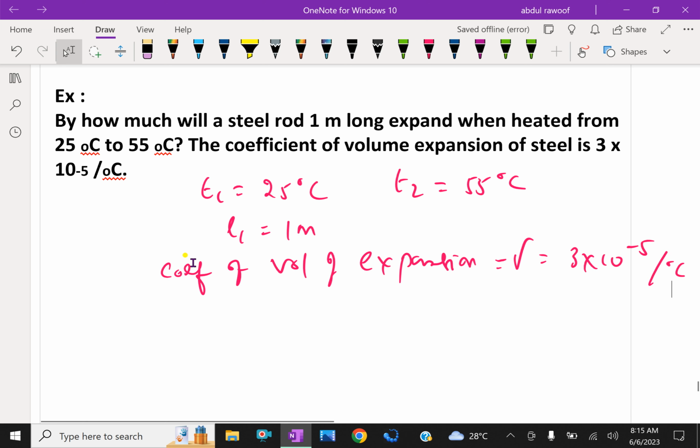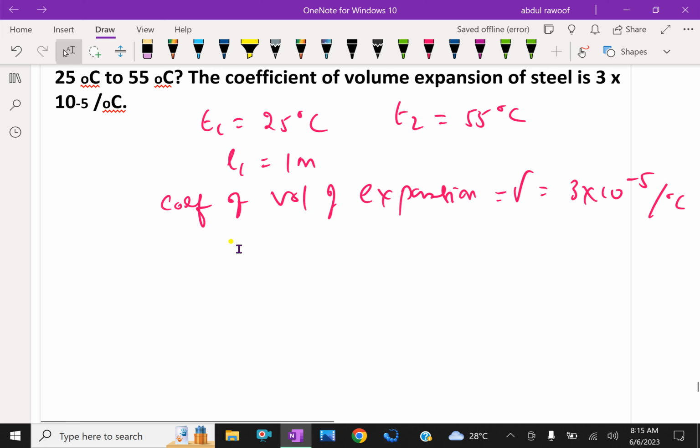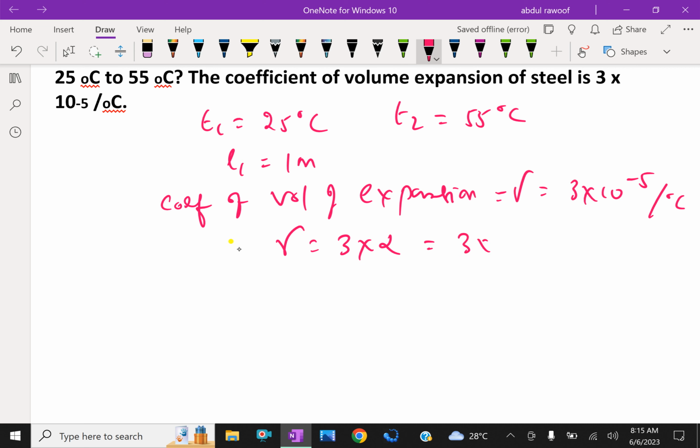Now we have to find the increase in length. We know that gamma, the volume expansion coefficient, equals 3 into alpha, the linear expansion coefficient, which equals 3 into 10 raised to minus 5. Therefore, alpha equals 3 into 10 raised to minus 5 over 3, equals 1 into 10 raised to minus 5 per degree Celsius.